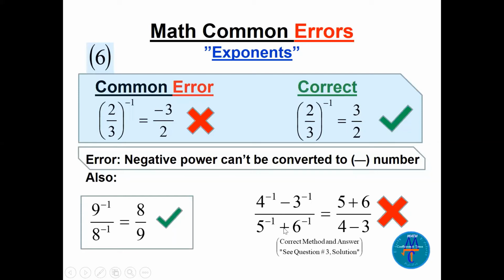Here you have plus 5 to the power minus 1 plus 6 to the power minus 1. You cannot take it up. We will see the correct solution and method in question number 3 in this video. So if you add 5 plus 6, 11 over 1, that's not the answer. That's a wrong answer.